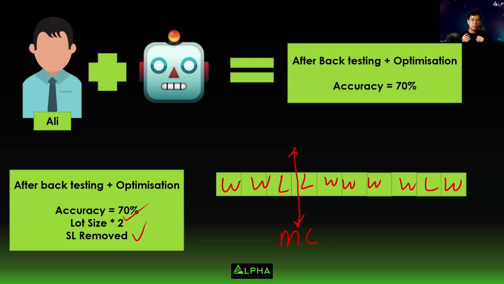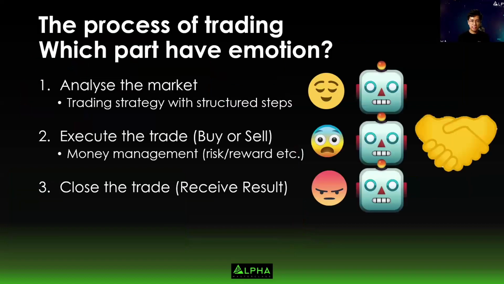Because this is something that I would like to put out front: essentially, all the maths, calculation, strategy, and analysis have been done for you to solve your emotion problems when you're trading.